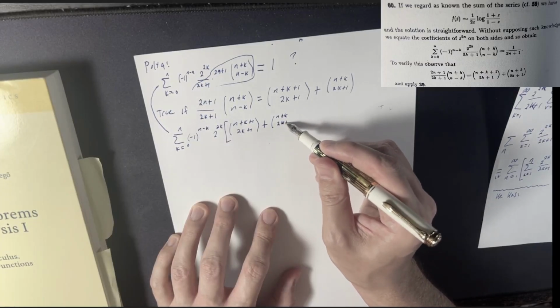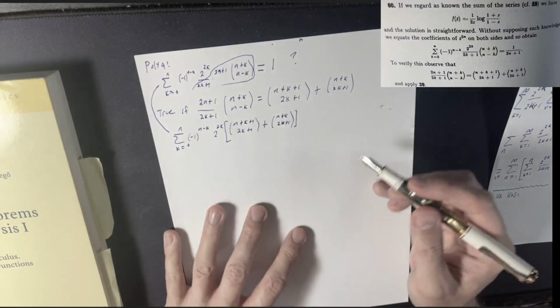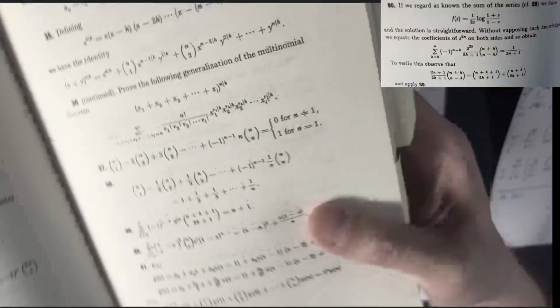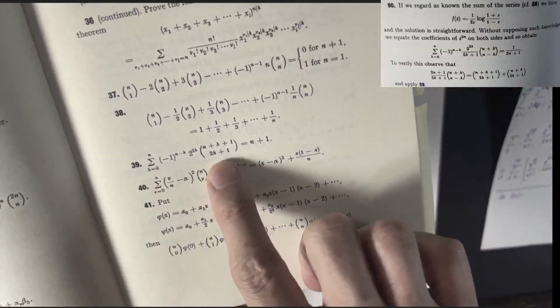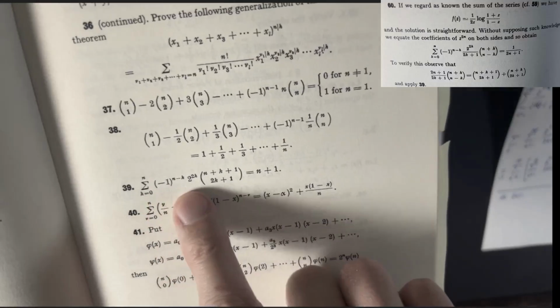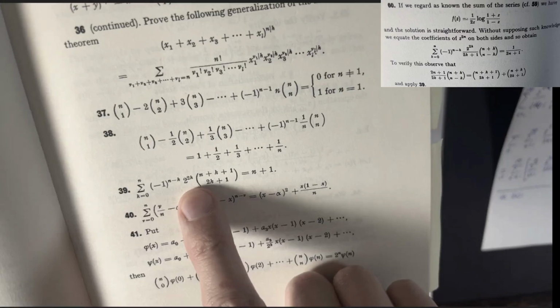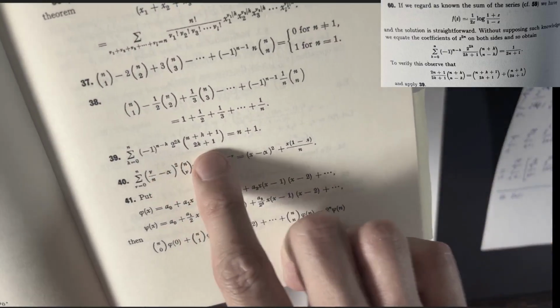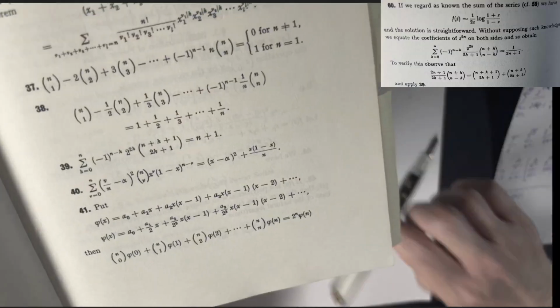And then the reason this is going to be true is a previous result. If you look at 39, it's almost exactly what we're looking at here. So we got all that stuff on the left, starts at 0. All this junk on the left, we have this. That's this guy. So part of your series, we already know from 39, is equal to n plus 1.